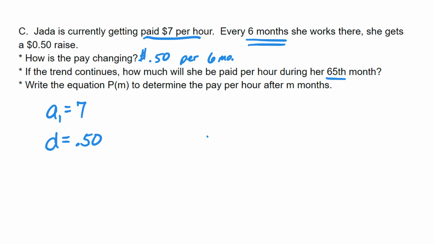Let's write the equation. Here's the important thing when writing the equation. Writing the equation's easy. A sub 1 plus the common difference times the n minus 1. And let's see, we're actually using m as our variable, months.